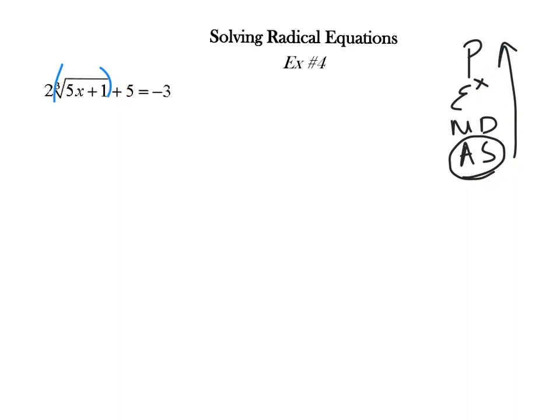So let's get rid of this 5. We do that by subtracting 5 on both sides. You're left with 2 cube root of 5x plus 1 equals negative 3 minus 5. Sorry, that should be a negative 8.